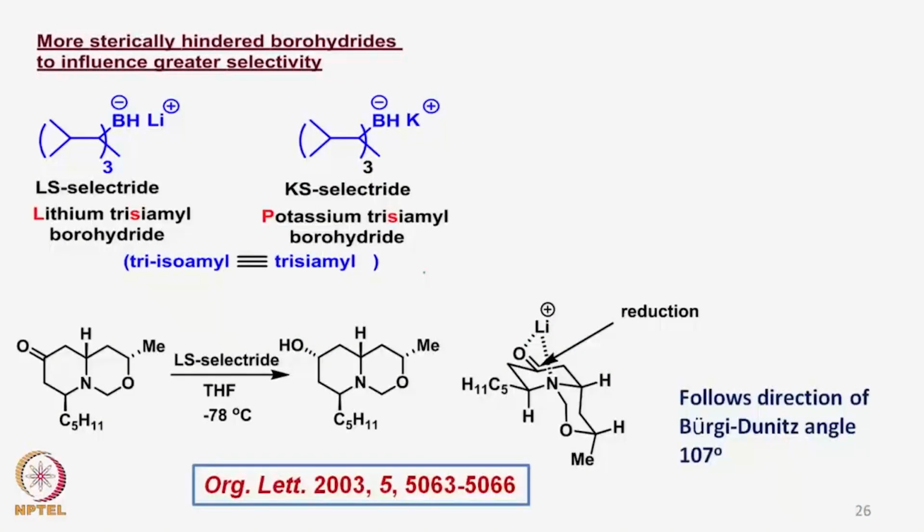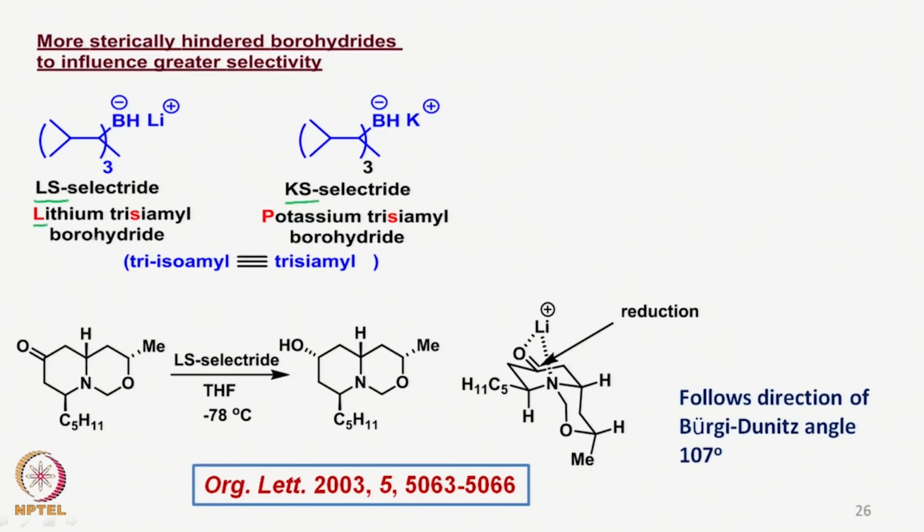Now we look at an even stronger reducing agent where even more steric hindrance has been introduced. For example, this is called LS selectride and this is called KS selectride.